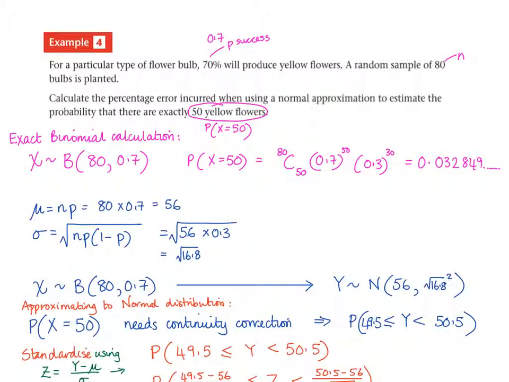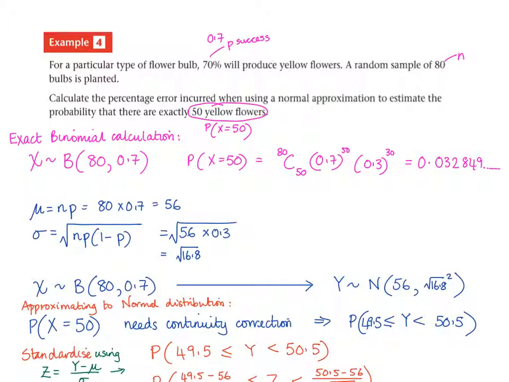Another example was the binomial, where you actually have a success or a failure. So binomial meaning 2, so we've got a success or a failure, and we looked at this example where we had 50 yellow flowers, so that was n, so n was very large, and p was 0.7, it's close enough to 0.5.